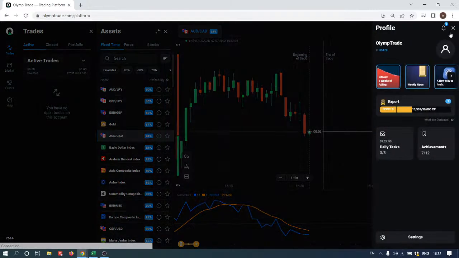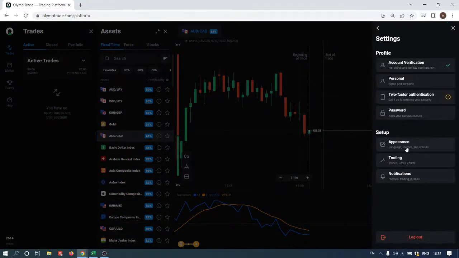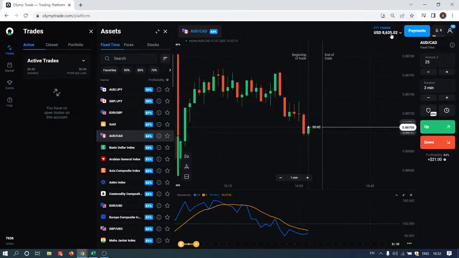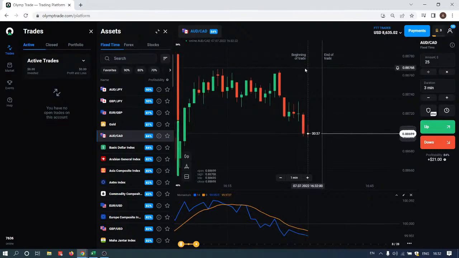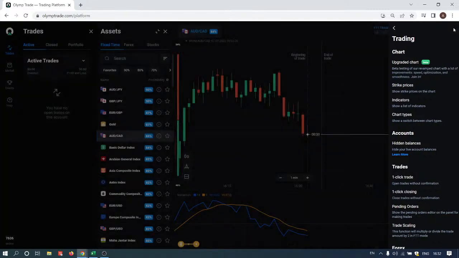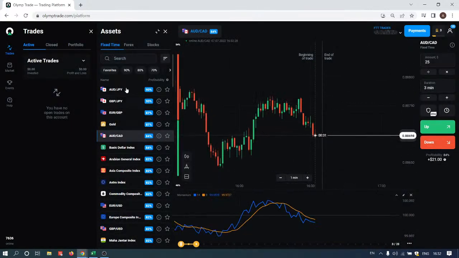All right guys, let's check what happened to my balance so far. I opened my balance and it increased by $85 so far, by 75. All right, nice. Hiding balance is basically a nice thing.